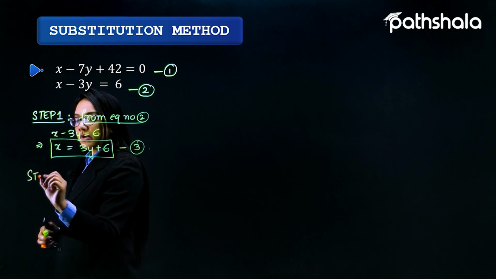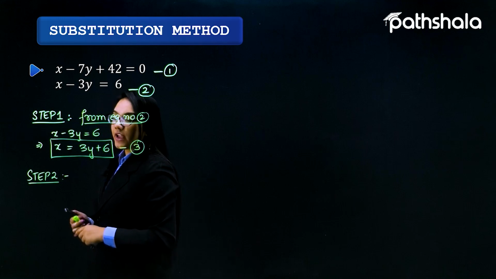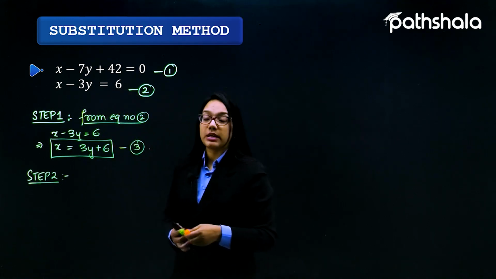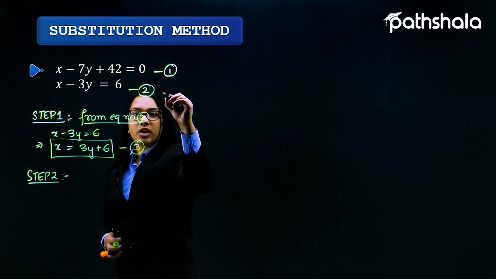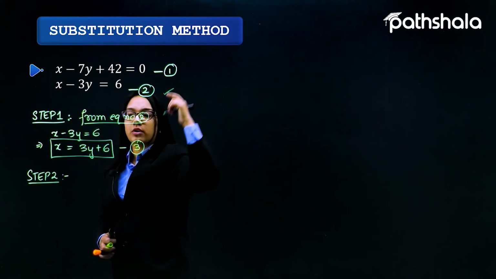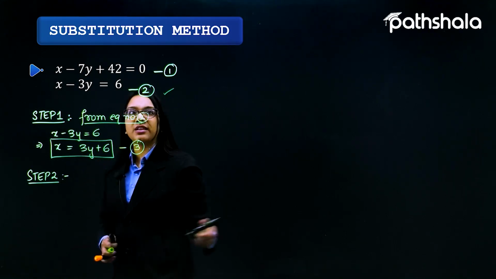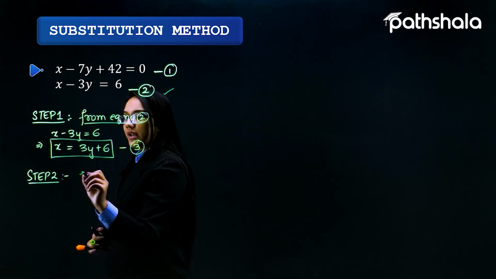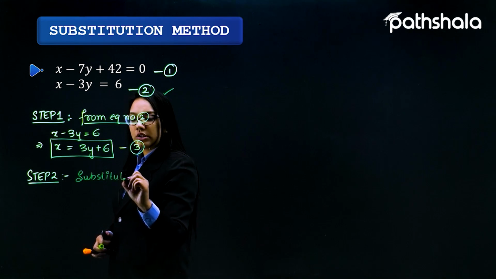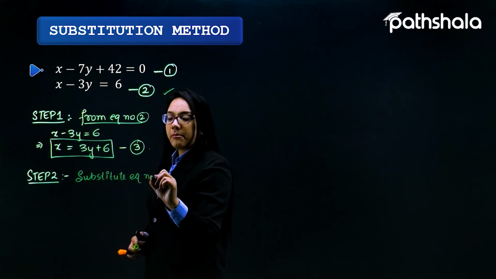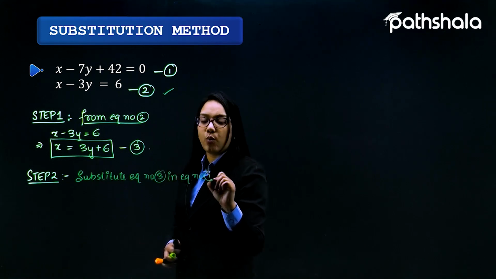Step number 2 says that using the value we concluded in step number 1, substitute that value in the other equation. We have already used equation number 2, so now we will use equation number 1. We will substitute x is equal to 3y plus 6 in equation number 1. So we substitute equation number 3 into equation number 1.